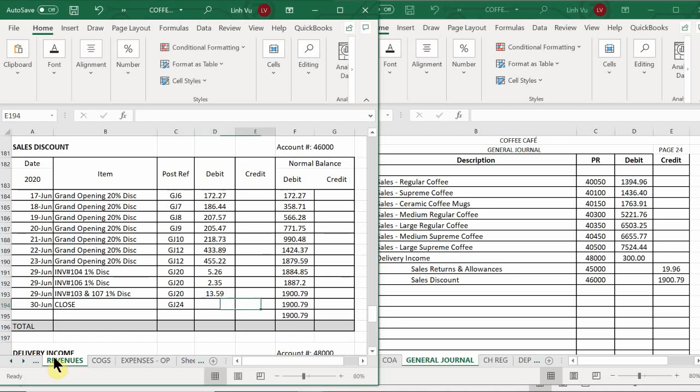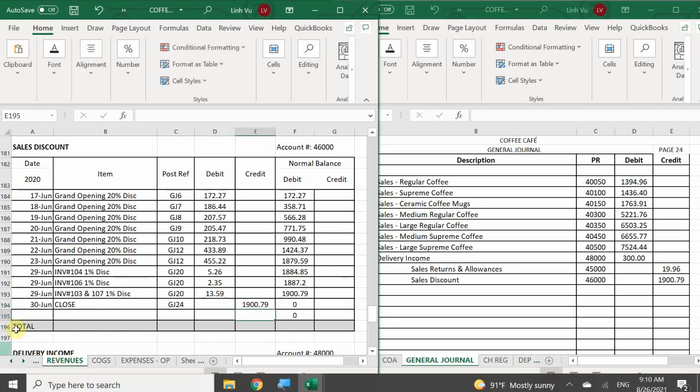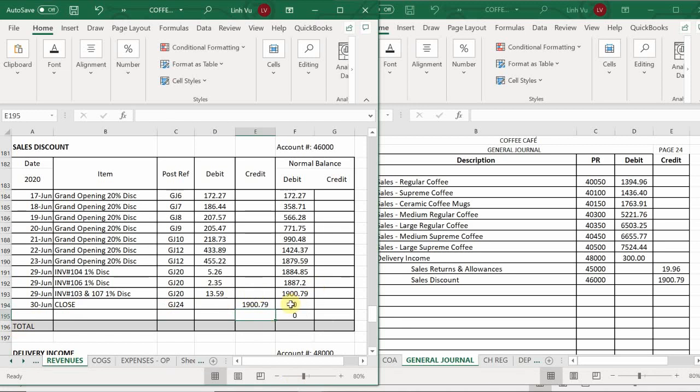Nope, not debit, but credit 190079, which should bring your account balance to 0.